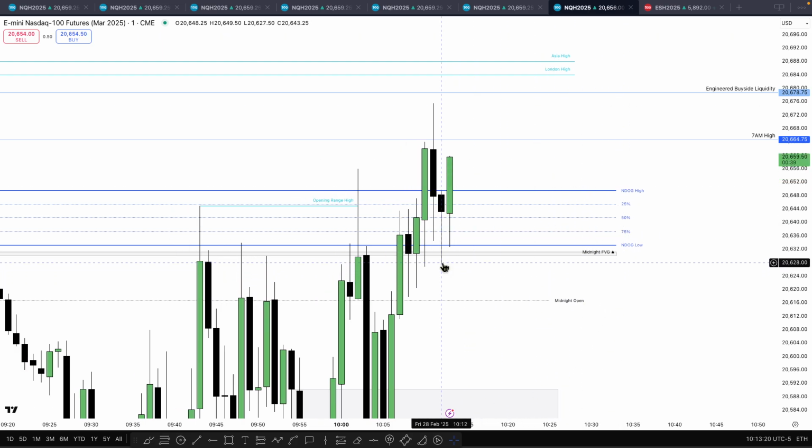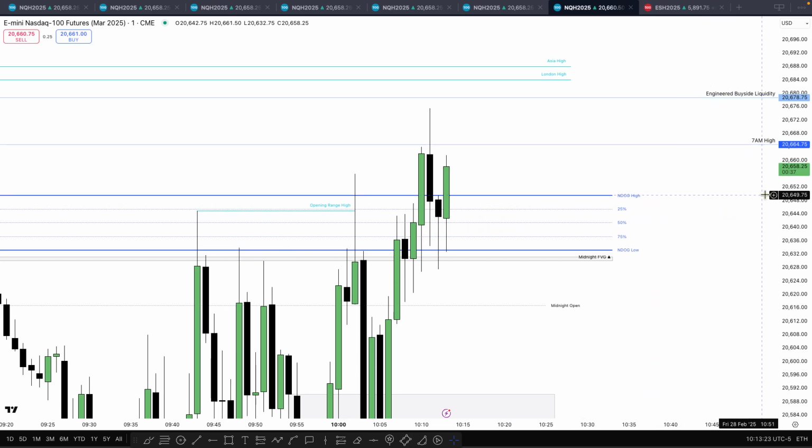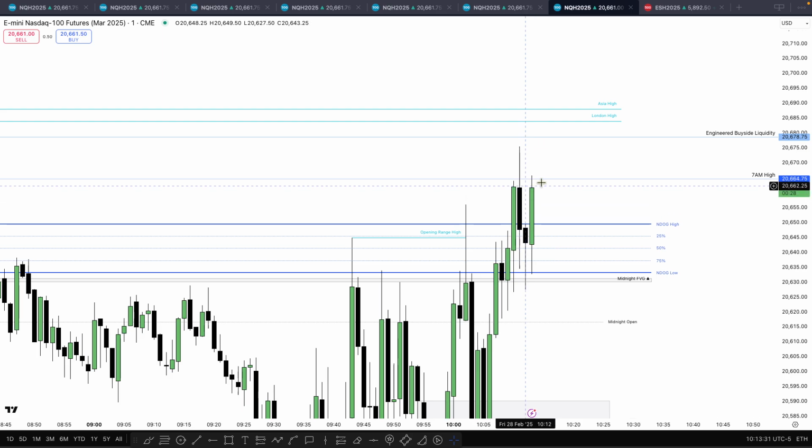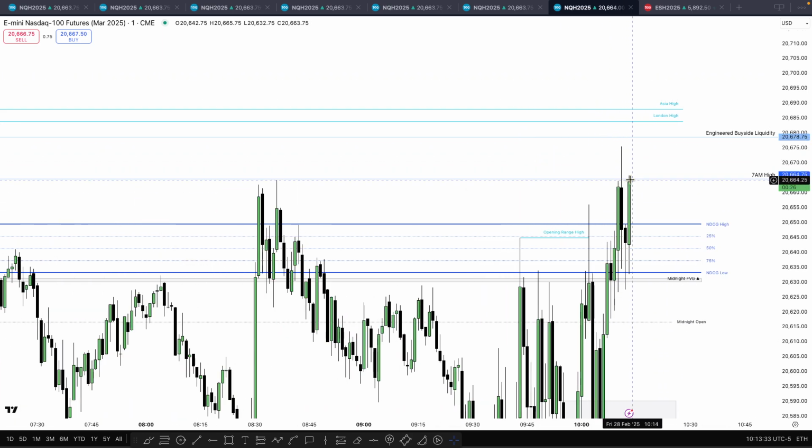Respecting this new day opening gap, returning to the midnight fair value gap. All right, can we get a close above these two down close candles? That would make this an order block, and we'll see if that can finally get the job done.